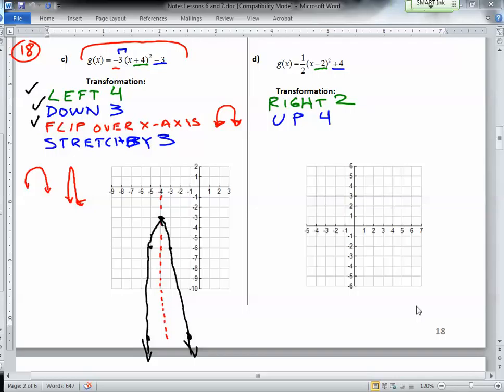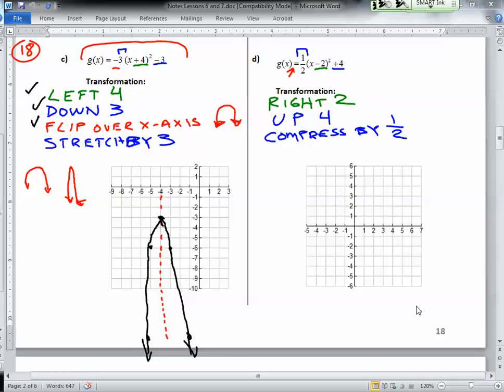Do I have a negative out in front to reflect it? No. So I don't have that transformation, but I do have a 1/2 out in front of my parentheses. That means I'm going to compress by 1/2. Okay?